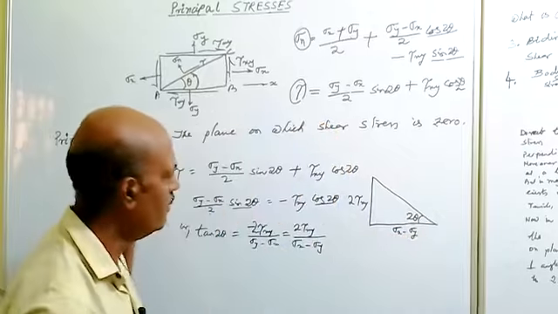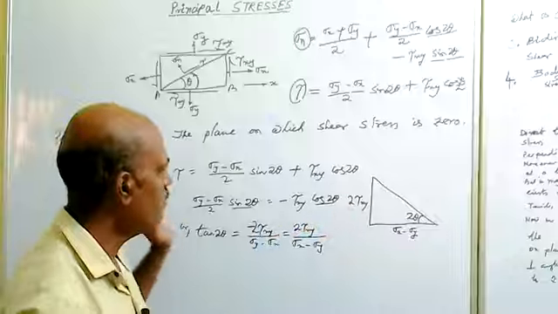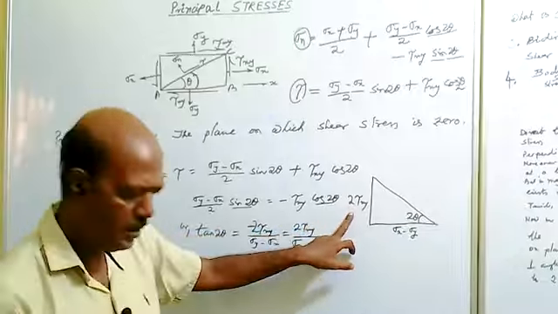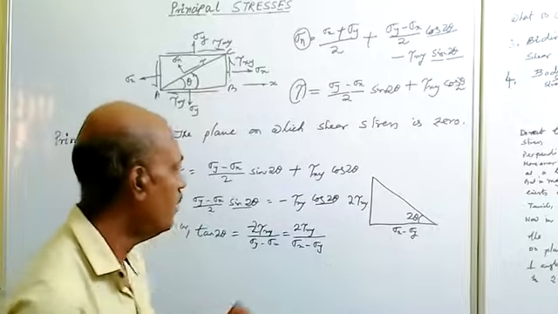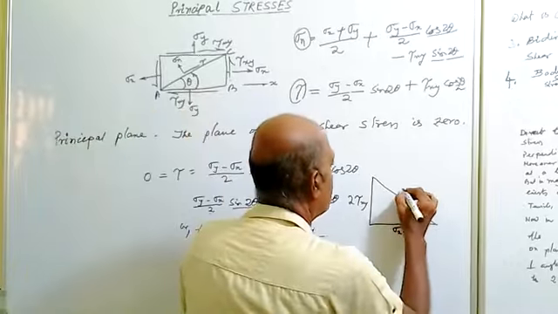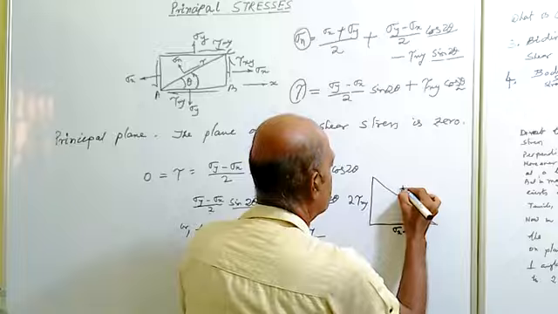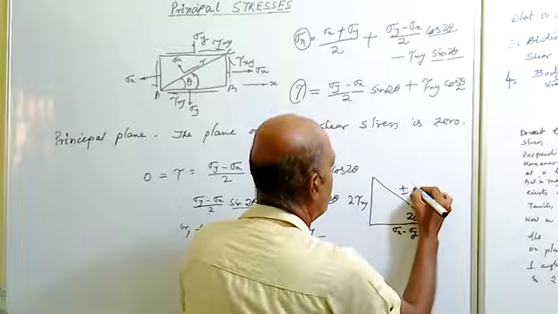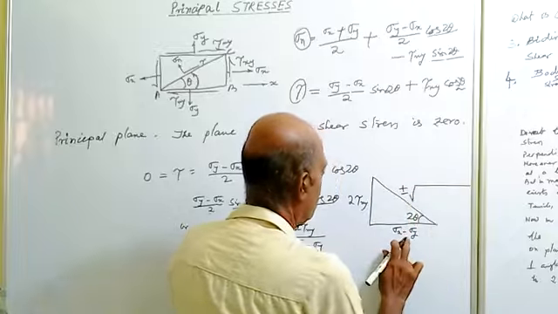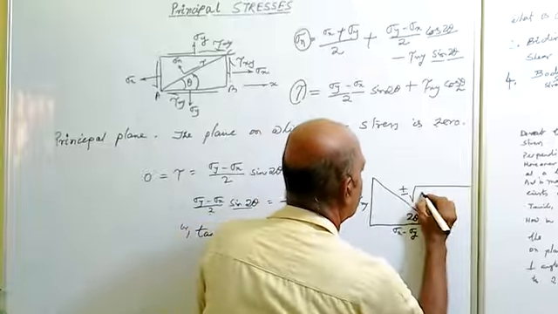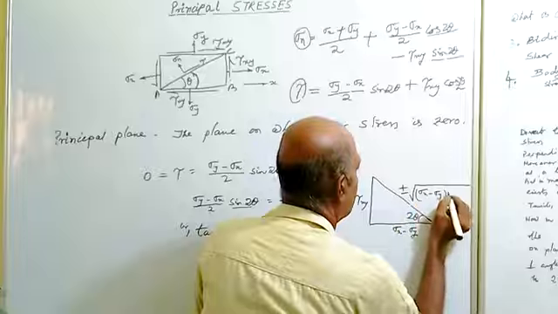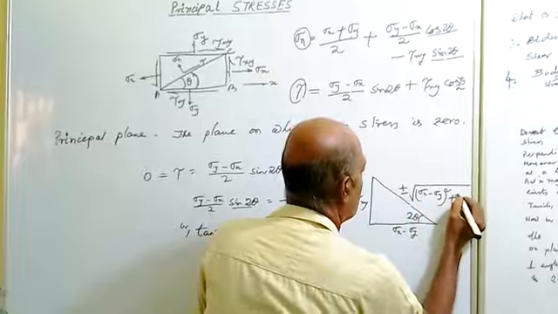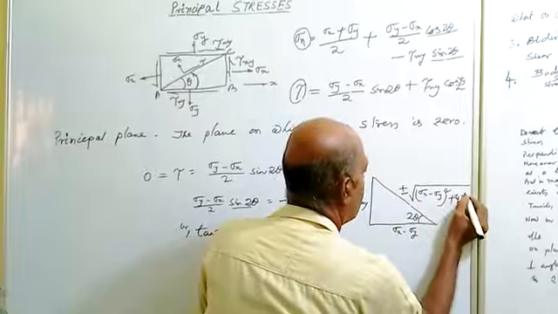So we have got geometrically tan 2 theta is equal to 2 tau xy, perpendicular, by sigma x minus sigma y, the base value. Then your hypotenuse becomes plus minus square root of this value squared plus this value squared, or we can write sigma x minus sigma y whole square plus 4 tau square xy.